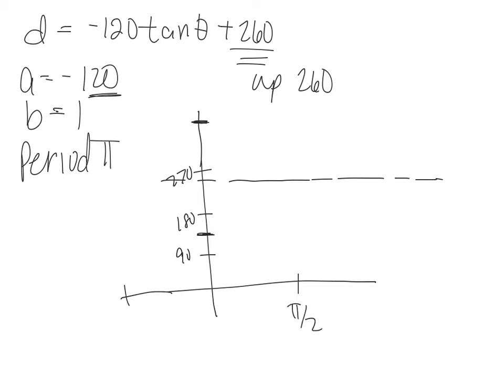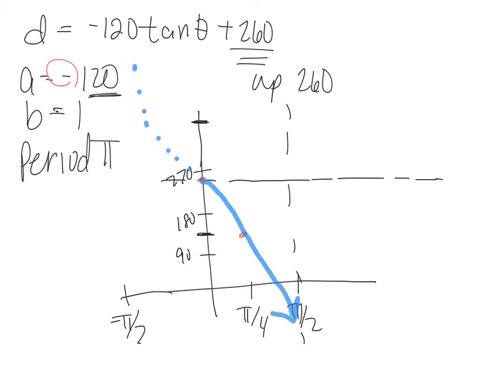So pi over 2. Negative pi over 2. That one doesn't matter though, right? Pi over 4 and 0. So here it's negative, and my asymptote. So my graph is going to look something like this. Okay, we really don't care about this part, but I know that I've got a curve.